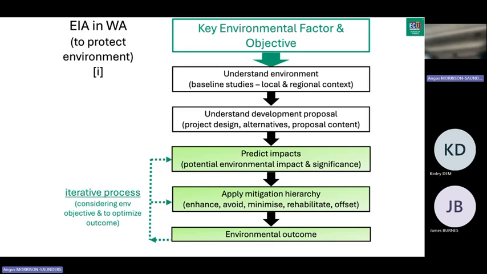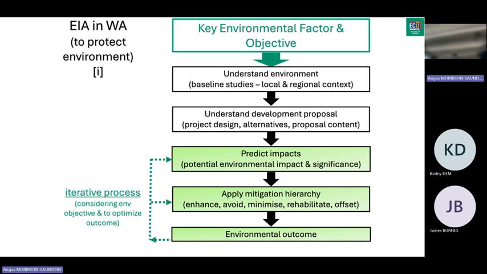What would be significantly adversely impacted in one of these 14 factors? We do that by understanding our environment, understanding our development proposal, and predicting our impacts. We go, oh dear, that's significant, and we apply our mitigation hierarchy to it. We look at the environmental outcome, and if it's still significant after mitigation, we need to go back and change things. So we go back to the predictive process and go round and round.